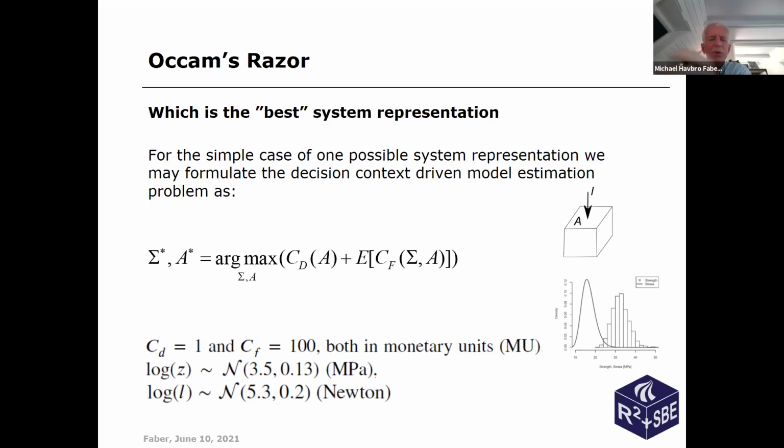So just for a super simple case, we have a concrete cube under stochastic load L, and we want to optimize the cross-sectional area of this cube, or let's call it a short column, and we have a probabilistic model. In this particular case, we have a probabilistic model for the concrete compression strength, and we have simulated some outcomes of this.